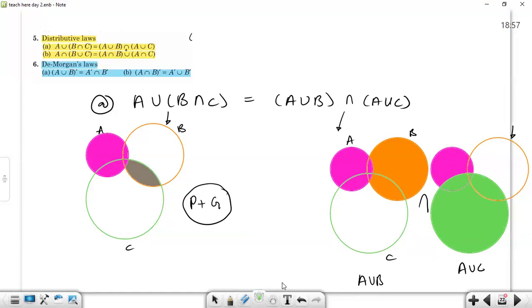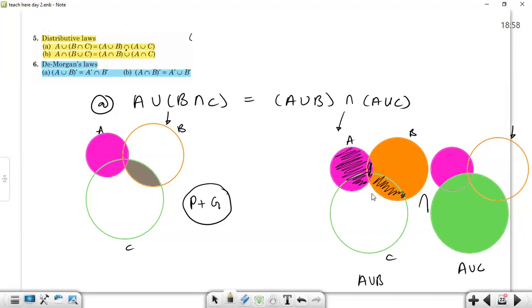So what is the common in between both? Set A is completely common. This whole set A circle is common, and this part is also common. This set A is completely common, and this particular part is also shaded in both.